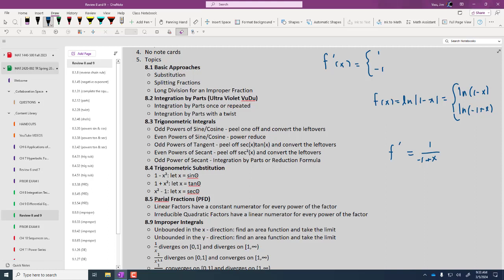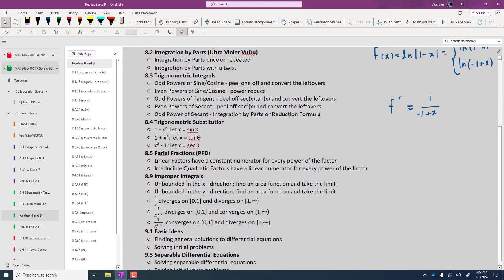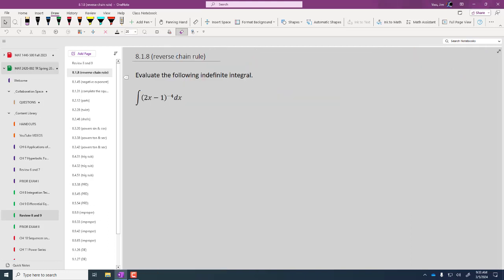Okay, so let's go ahead and do a sample example of all of these, or as many as we can get to. Reverse chain rule, that's going to be a fundamental part of pretty much all the integration going forward.